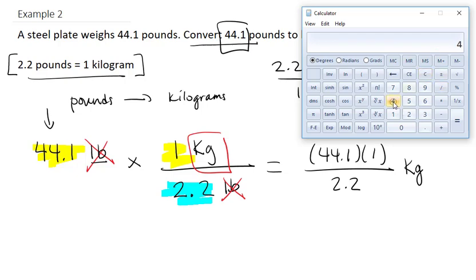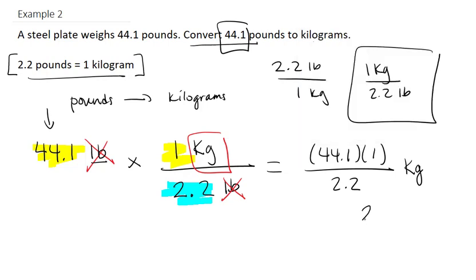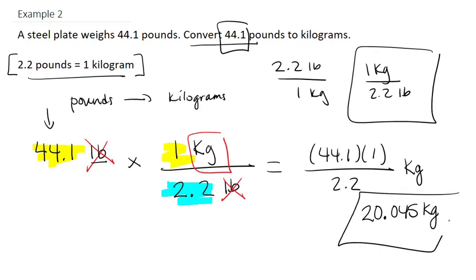So we can go 44.1 times 1, which is just 44.1, and then divided by 2.2, which is equal to 20.045, and this is kilograms. So this would be our solution.